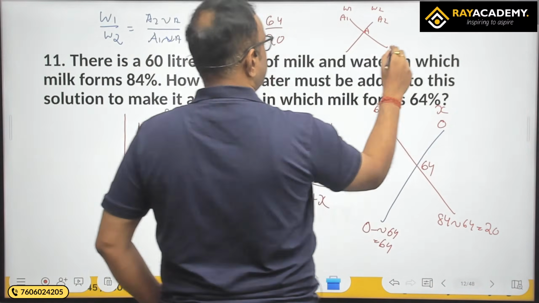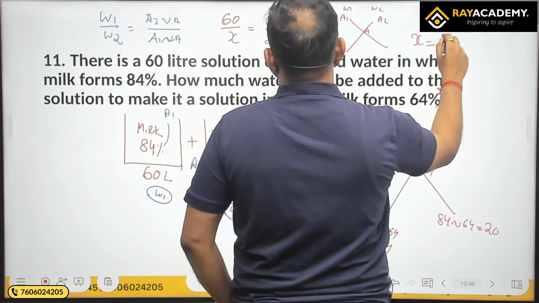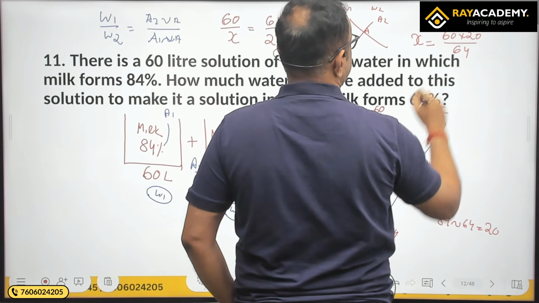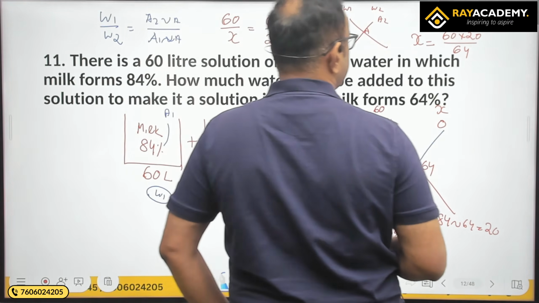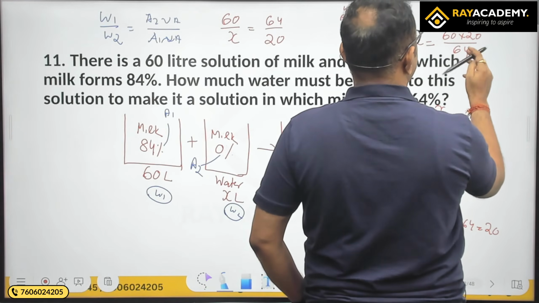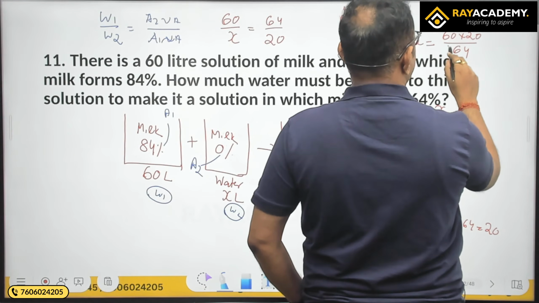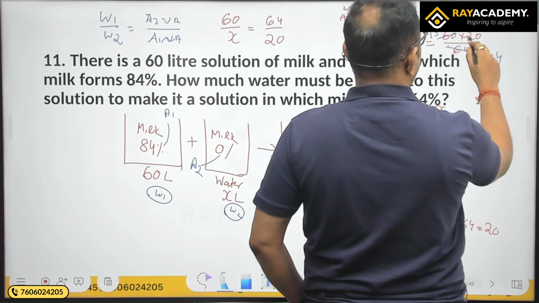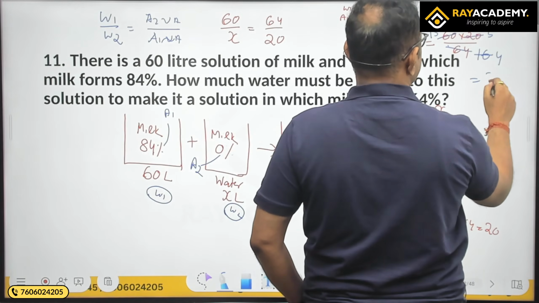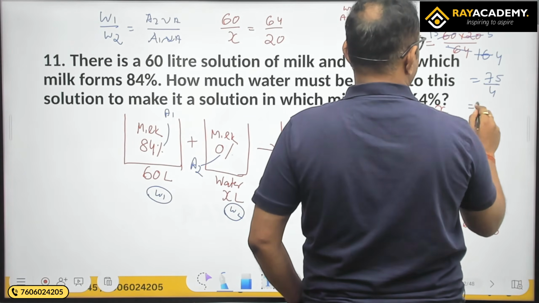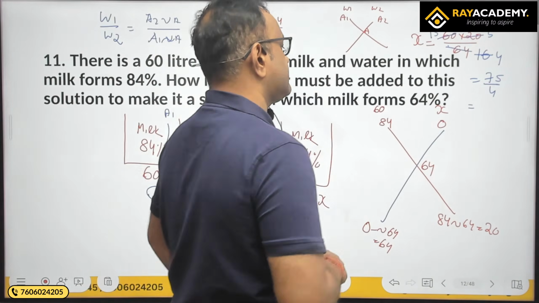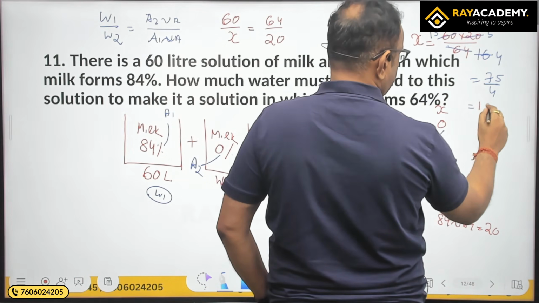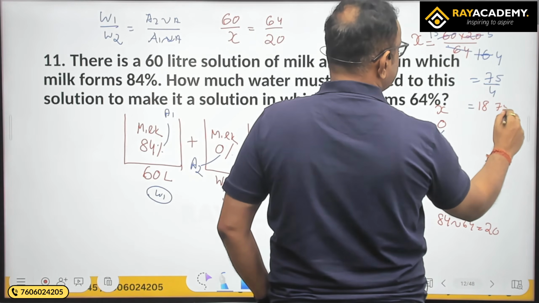So how much will x be? X will be 60 multiplied by 20 divided by 64. Whatever you are getting, no issue. Let's say, simplifying, it is 75 by 4. 75 by 4 means how many liters? 18.75 liters.